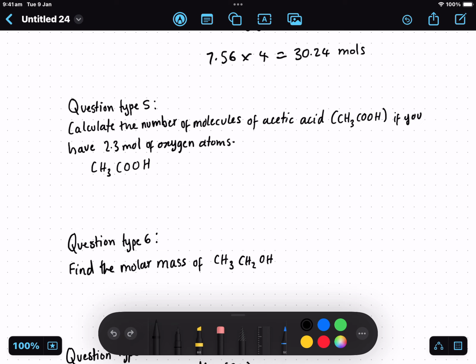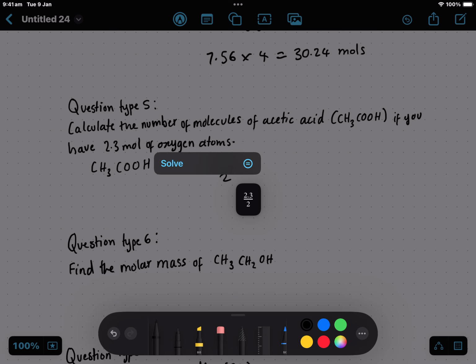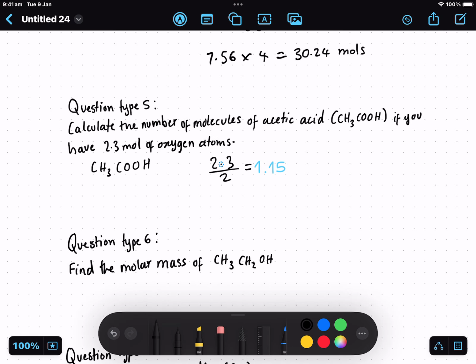So what we'll do is 2.3 divided by the number of oxygen here. There are 2 oxygen, so divide by 2. So we should get 1.15 moles. Now, this is how many moles there are of CH3COOH.